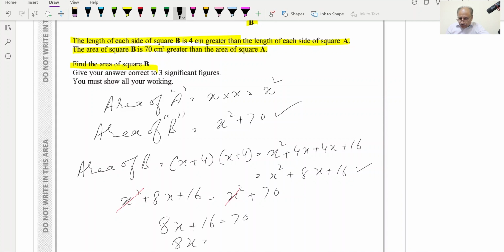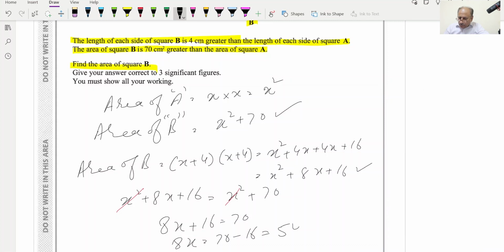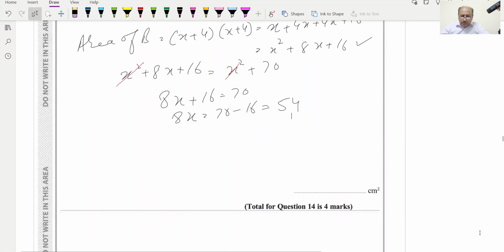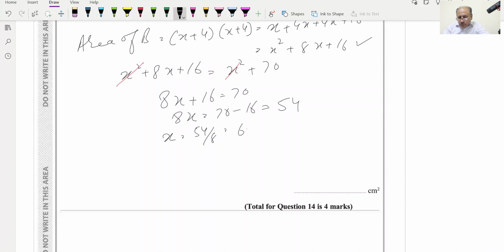So 8x will be equal to 70 minus 16, which gives us 54. So x will be equal to 54 over 8, which is 6.75.